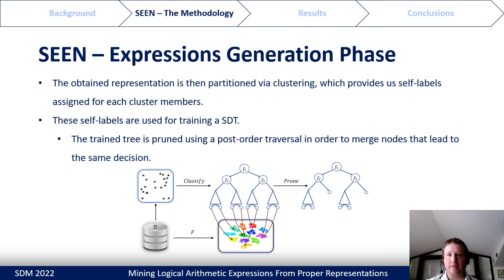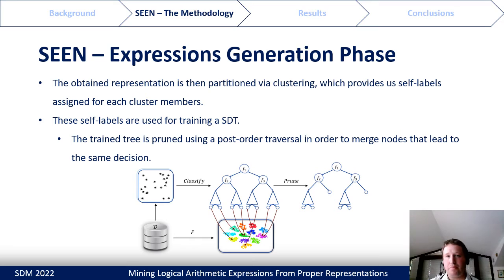After creating the self-labeling, I use it for training a soft decision tree to predict the membership of a data point to a subspace. Finally, note that two leaves of the tree that descend from the same node and represent the same label can be pruned without changing the prediction of the tree at all.